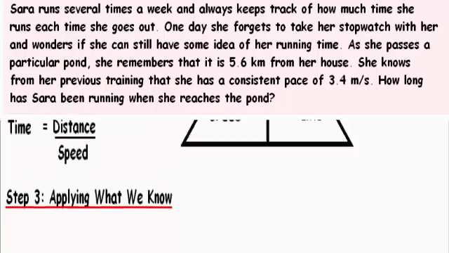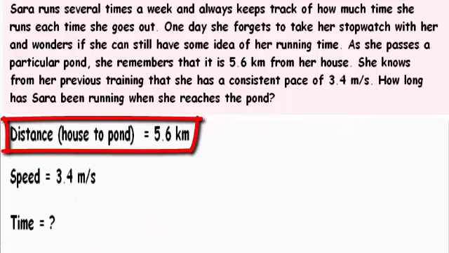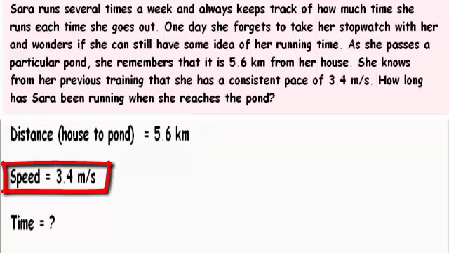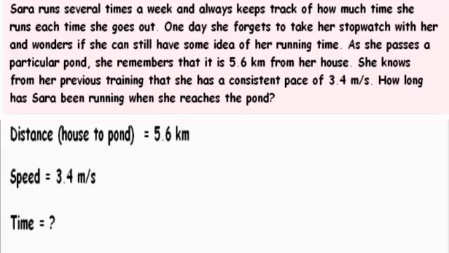We've been told that the distance between Sarah's house and the pond is 5.6 kilometers, and that her speed is 3.4 meters per second. Now, there's a problem here, and I wonder if you're able to identify it. If you did, you'll recognize that we have kilometers and we have meters per second. So there definitely needs to be a unit conversion before we can apply the formula.